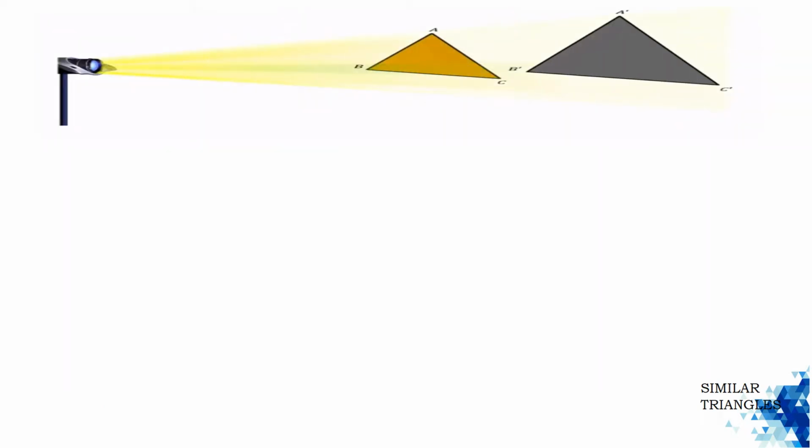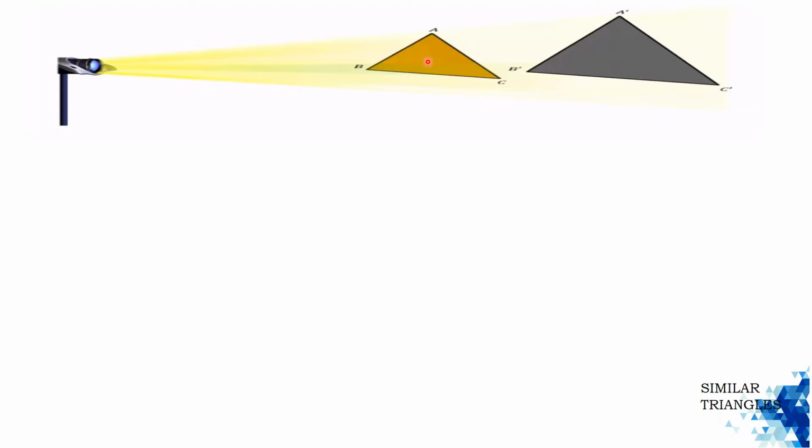I'll take triangle ABC. When a light falls on triangle ABC, consider it as a sheet or something. When the light falls on that triangle, definitely its shadow will be formed. Am I right? I'm just going to mark that shadow's vertices as A dash, B dash and C dash. Now can you tell me whether this shadow triangle is similar to the original triangle?